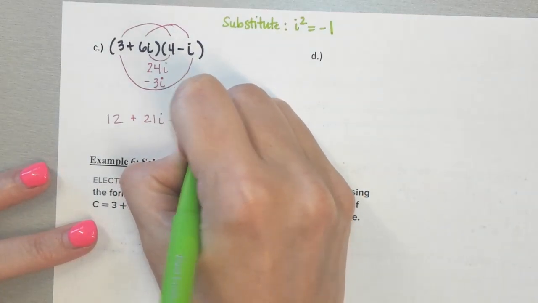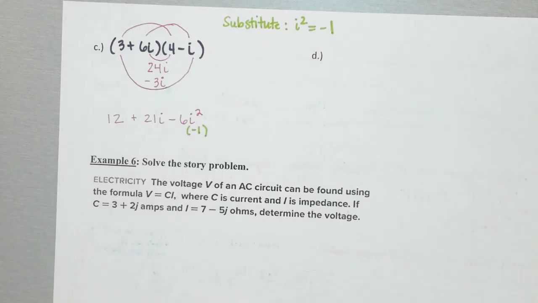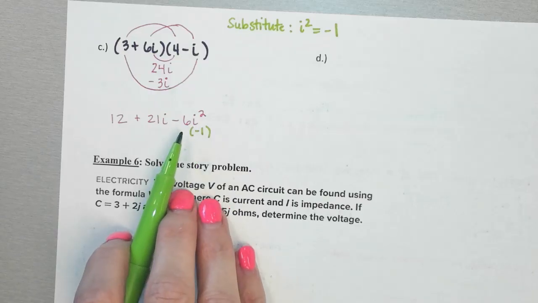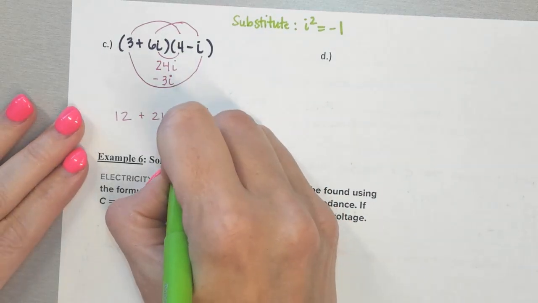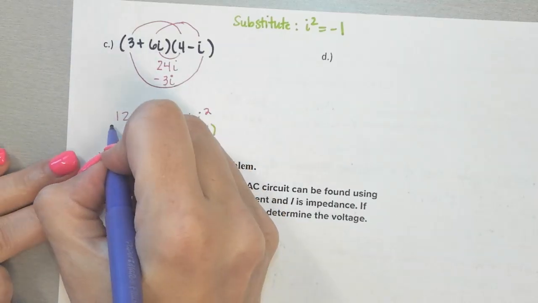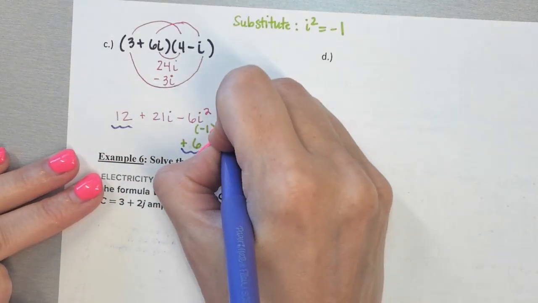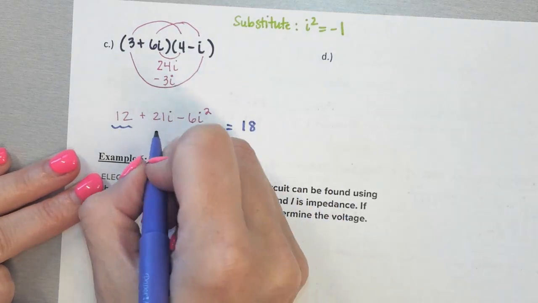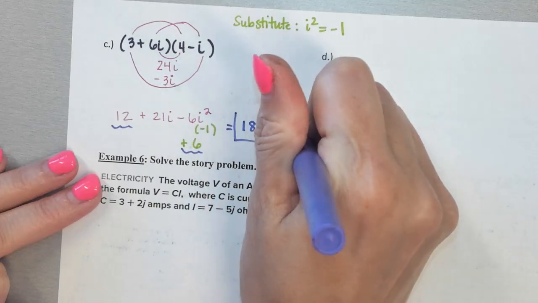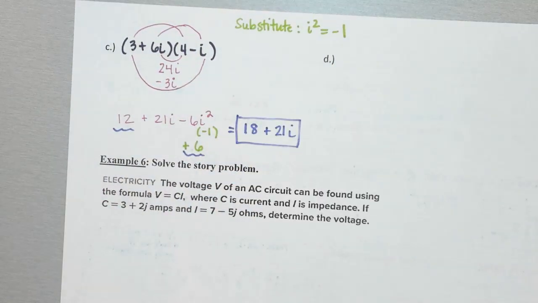You're going to substitute in the negative 1. Okay, so think about what's happening there. If you plug in negative 1, this is negative 1 times negative 6, so that becomes a plus 6. So we have some like terms we can combine. We have 12 plus 6, which is going to give us 18. And then the 21i, there's nothing to combine that with. So we are going to keep our final answer like this.